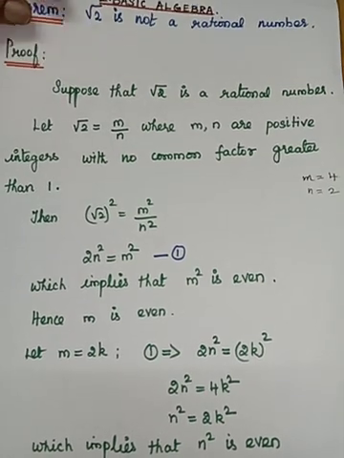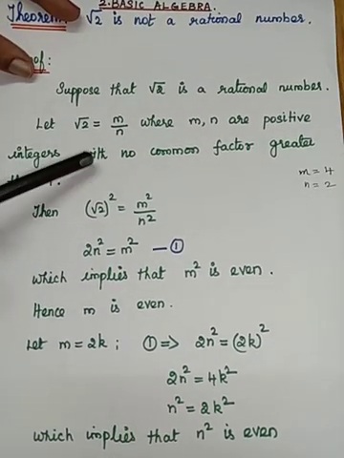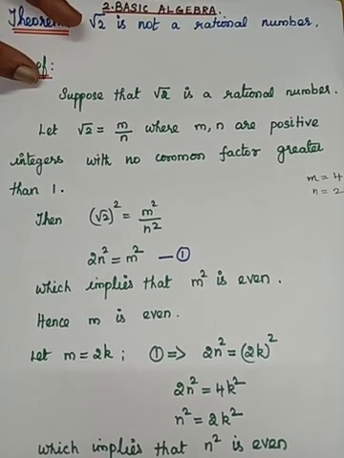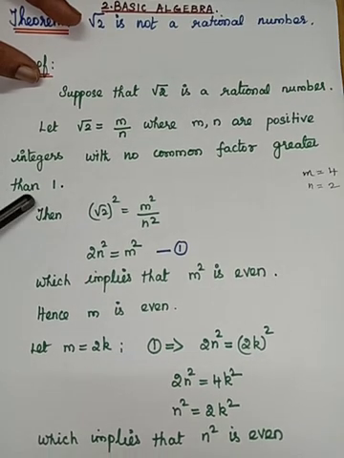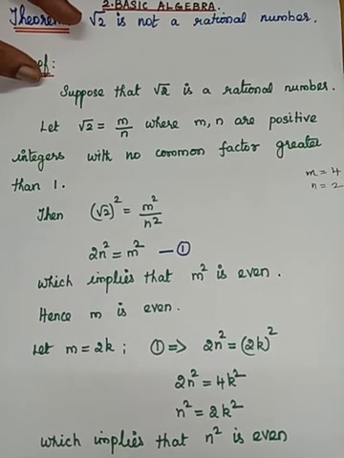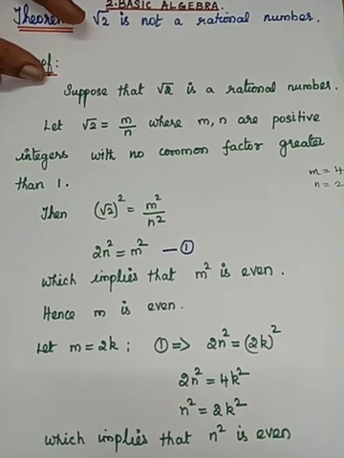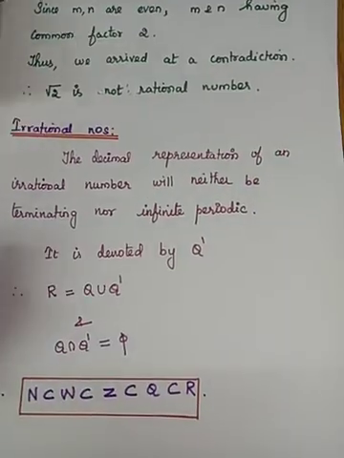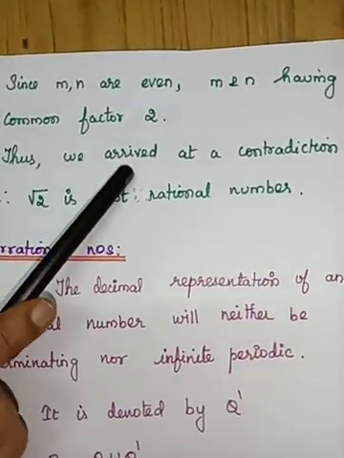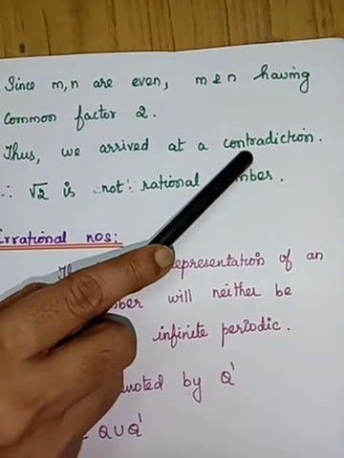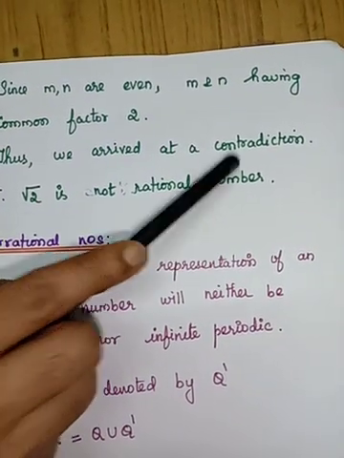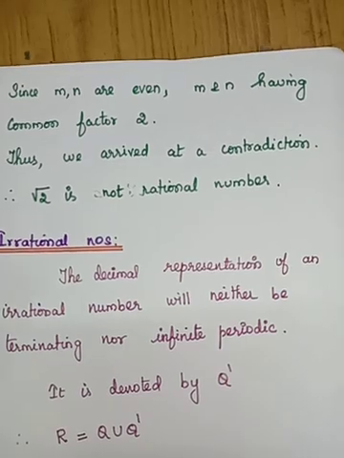So what we have taken for m and n is that we don't have a common factor except 1. But what we have arrived at is that m and n have the common factor 2 now. So we arrived at a contradiction. Contradiction means just the opposite of what we have taken.